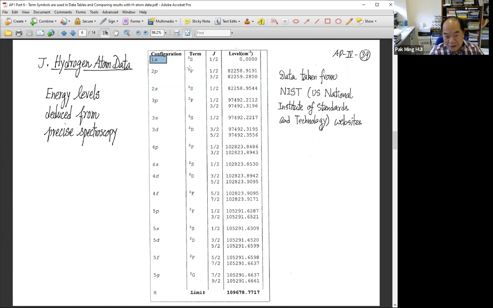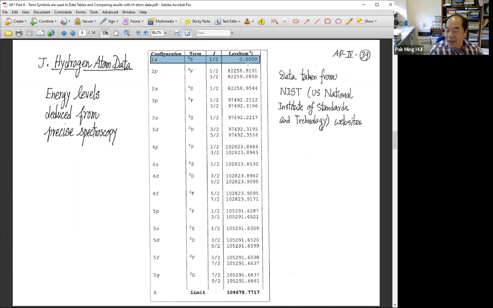Configuration 1s, it is an S, meaning L equals 0. You have a J here, half, so actually it could appear here as a subscript. And the 2 up there means S is half, 2S plus 1, okay? So this is the ground state, that's it.